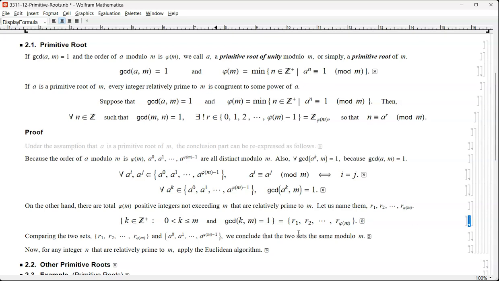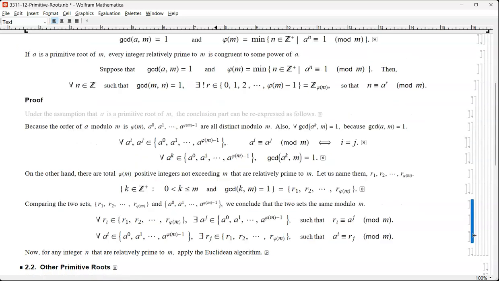So we have precisely phi of m elements if you compare this set and that set. They're all distinct modulo m, and they're all relatively prime to m, and there is no other, so they must be the same set modulo m.